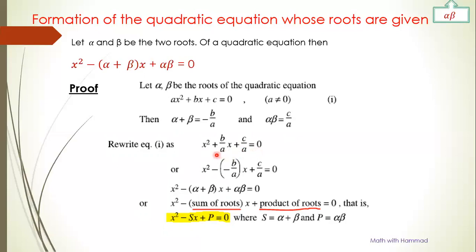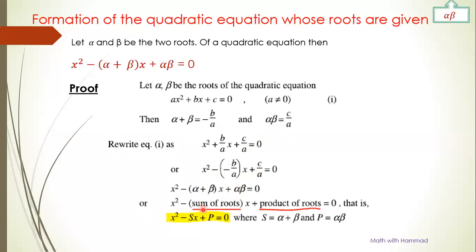Now plus can be written as minus into minus, and b over a as it is, and plus c over a. From above we can see that minus b over a is equal to alpha plus beta. So x square minus (alpha plus beta) into x plus c over a, which is equal to alpha into beta, and that is alpha into beta.